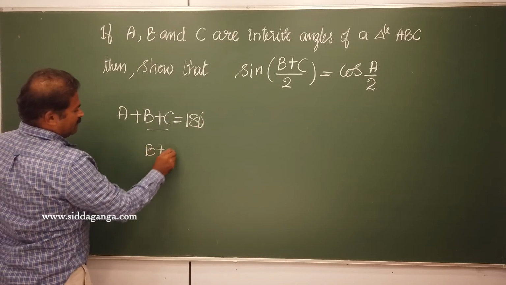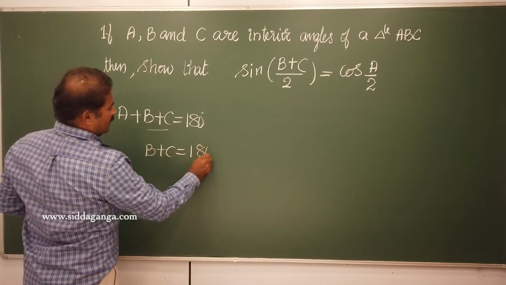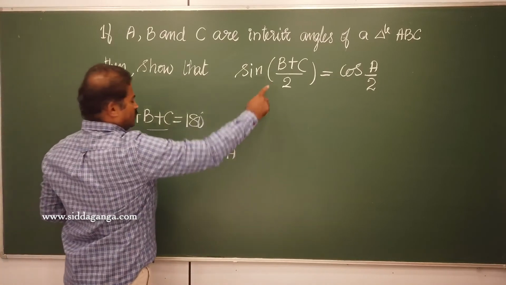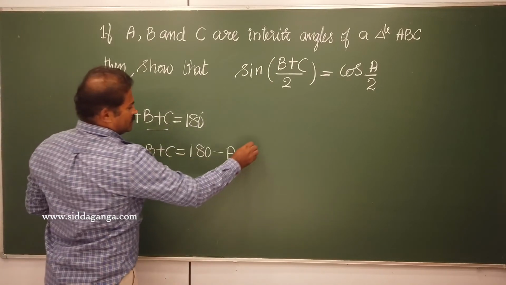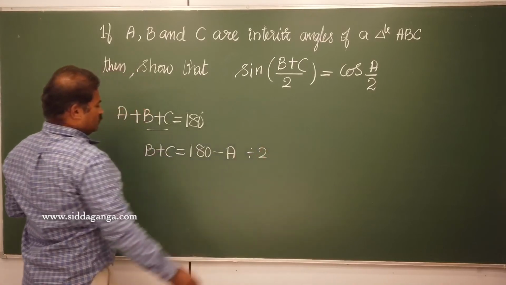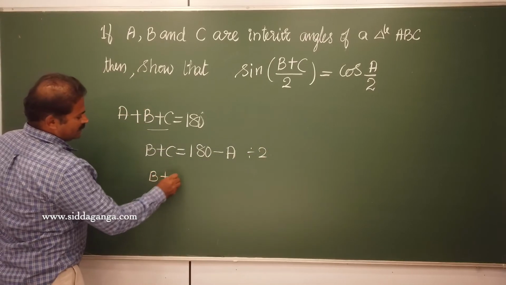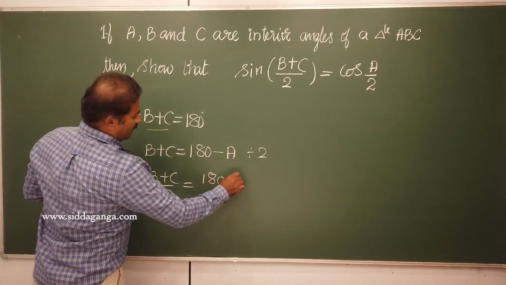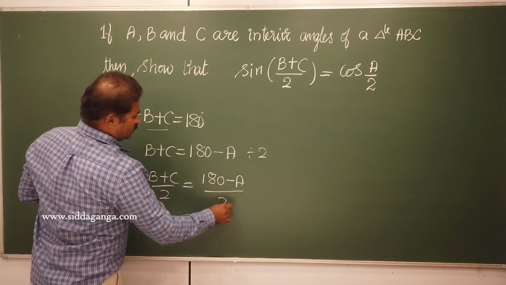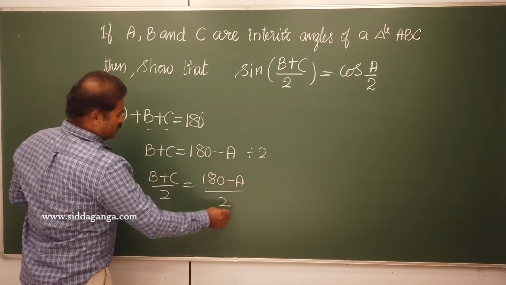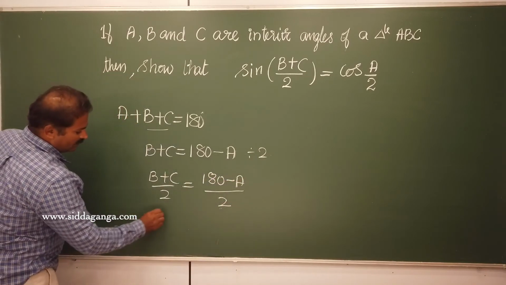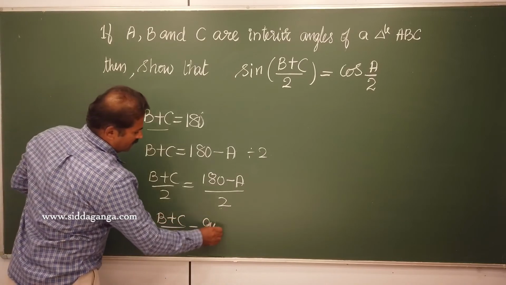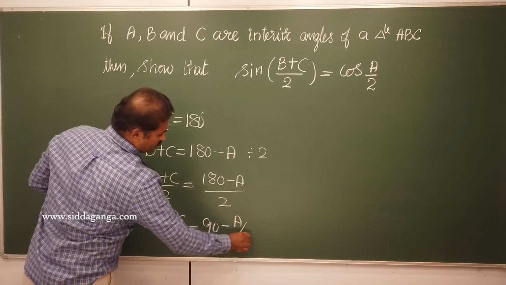So that will make B plus C equal to 180 minus A. And now you have B plus C by 2, so we divide the whole equation on either side by 2. So that makes it (B plus C) by 2, which is equal to (180 minus A) divided by 2. So you can divide 180 by 2 and A by 2 separately here. So that will make (B plus C) by 2 equal to 90 minus A by 2.